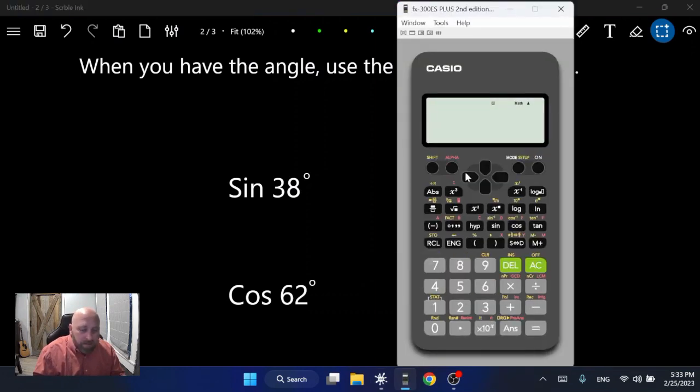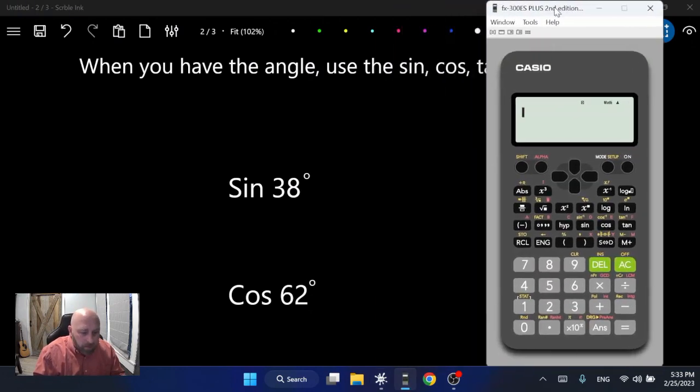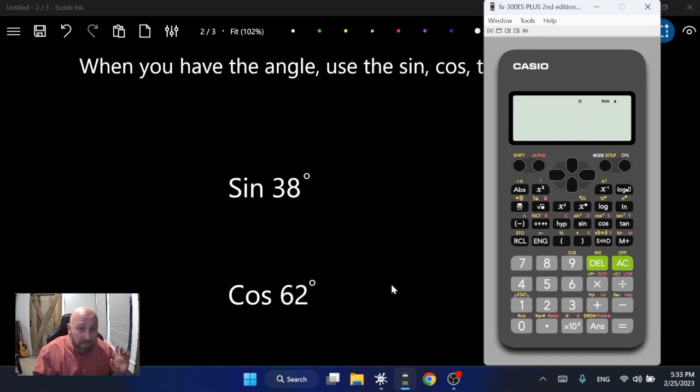So let's go ahead and take out the calculator, and here's what we want to do. We're just going to hit the sine button, and everybody's calculator works differently. Sometimes on some types of calculators, you might have to input the 38 degrees first and then hit sine. On mine, I hit sine, and then I put in 38, and it's degrees, okay?